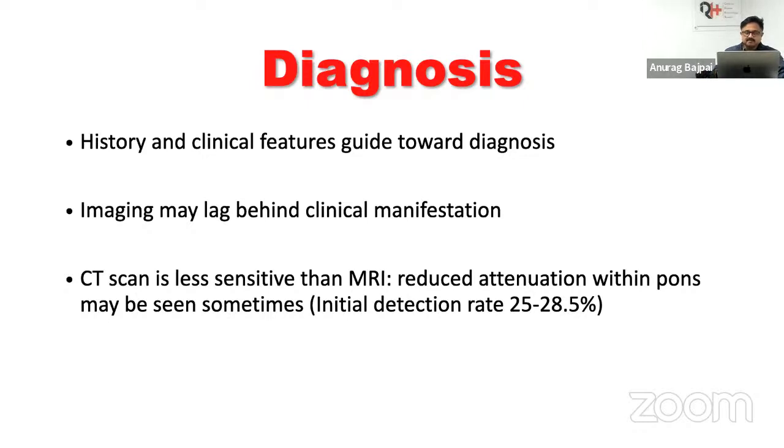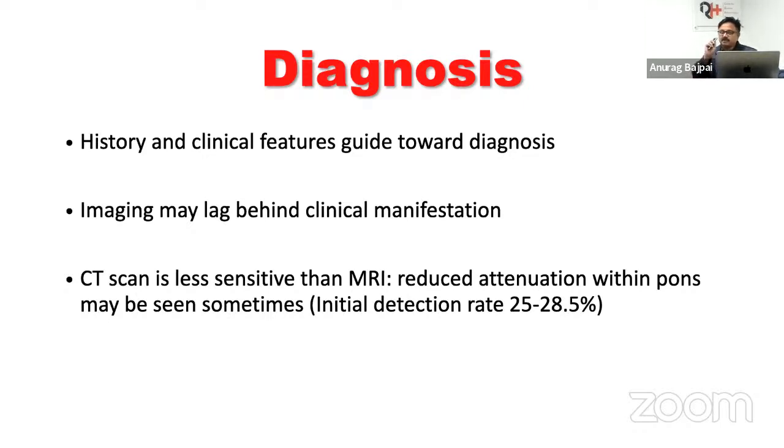CT scan is less sensitive than MRI. As the name implies, this is otherwise known as central pontine myelinosis; the term ODS was earlier CPM.